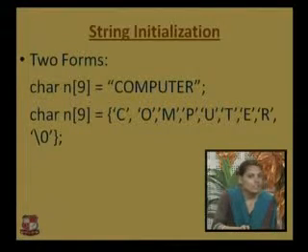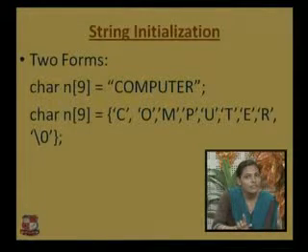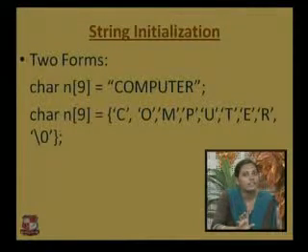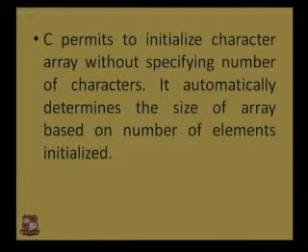See, here it is 9, that is computer. We said that is the string value that will be stored in the character array, say the name n. The size we have already given, which is how many characters the character array can allow.